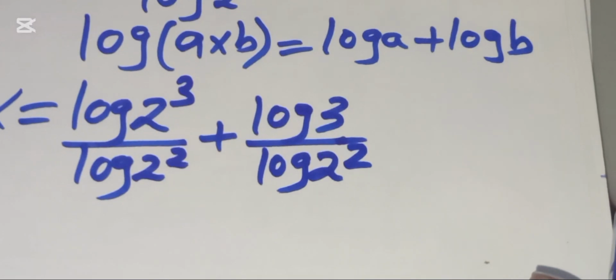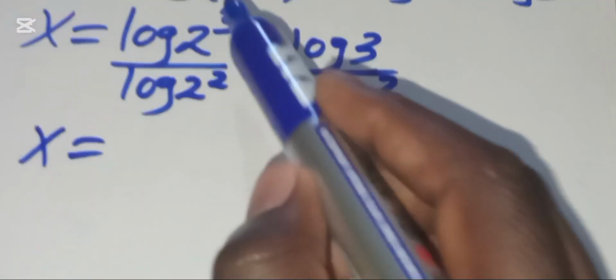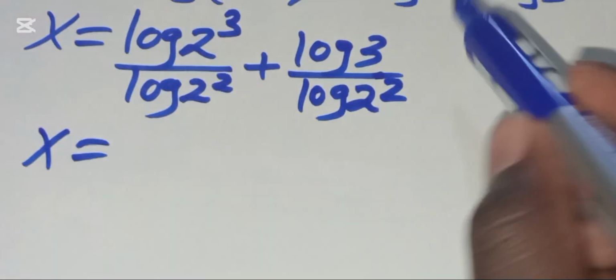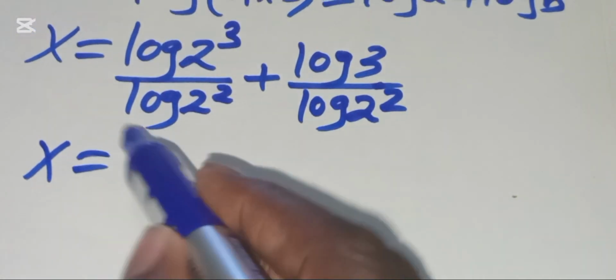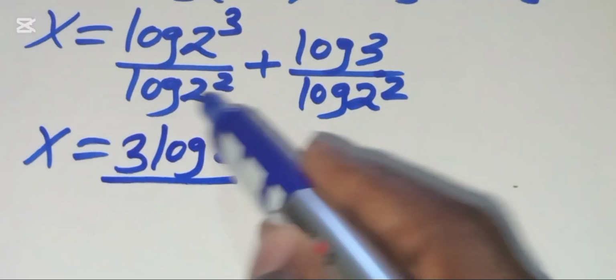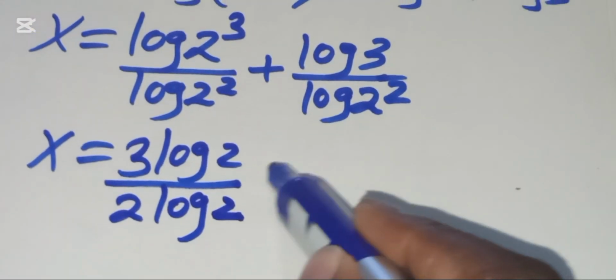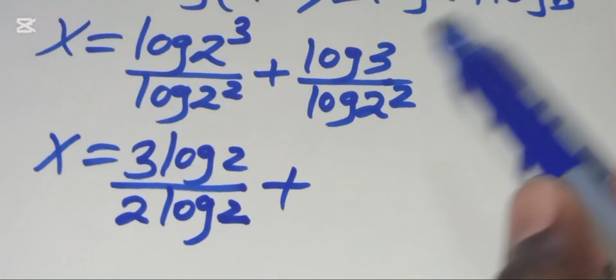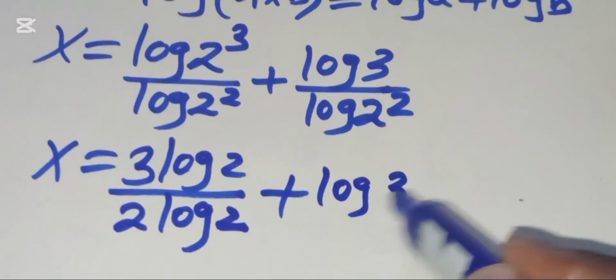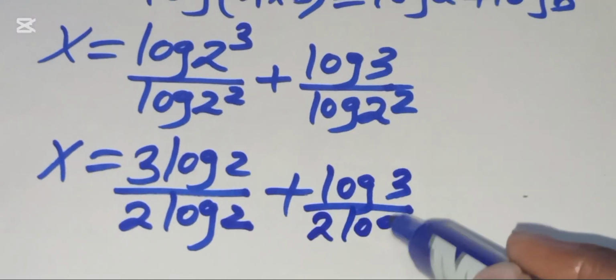Applying the power rule, this becomes 3 log 2 divided by 2 log 2, plus log 3 divided by 2 log 2.